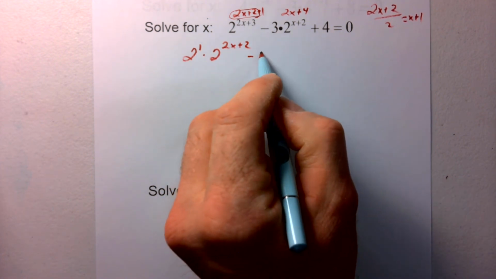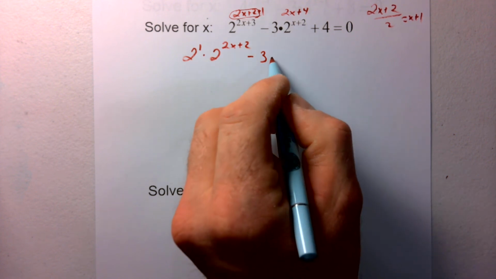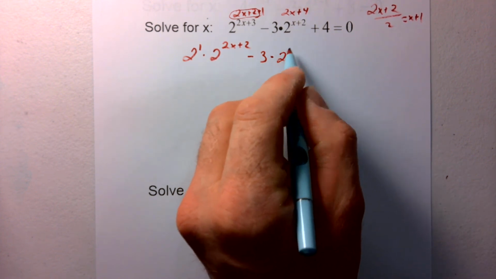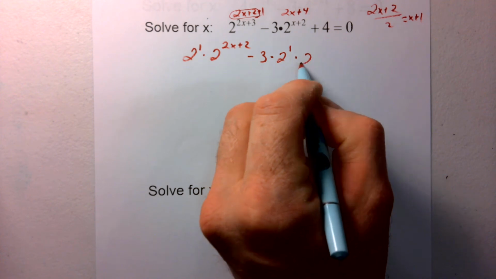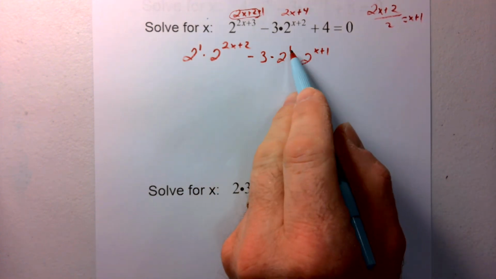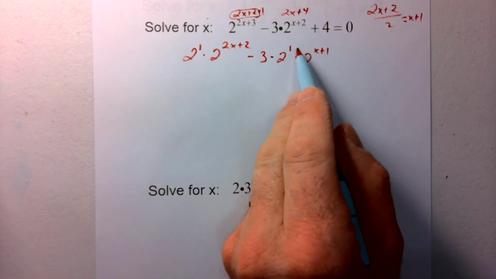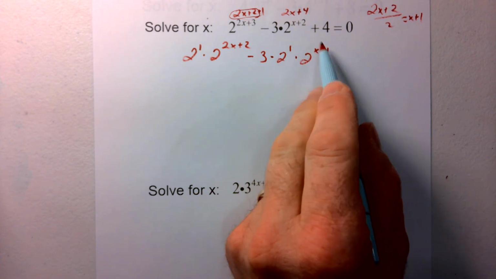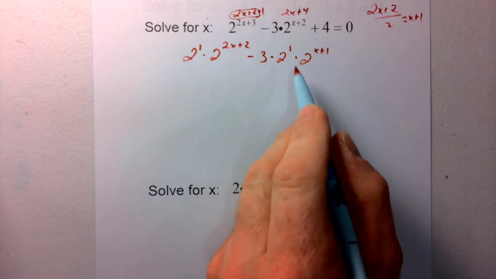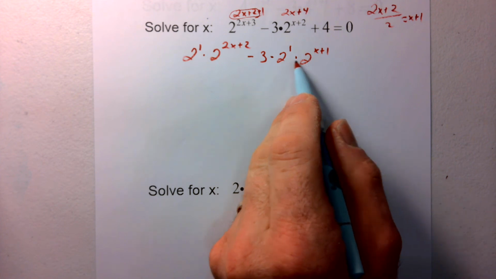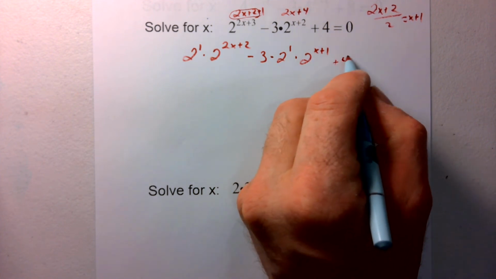And over here, I'm going to change this 2 to the x plus 2 into a 2 to the first times 2 to the x plus 1. Again, if I add these two exponents together, 1 plus x plus 1, I get x plus 2. So I'm just changing the look of this second term.